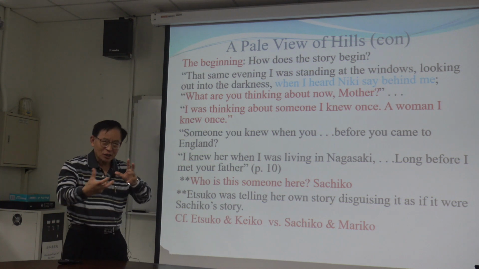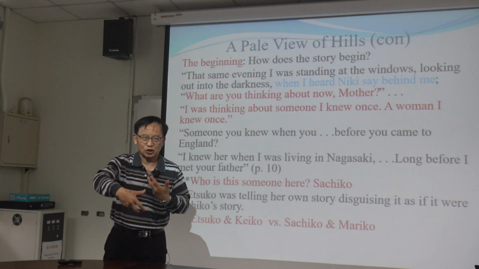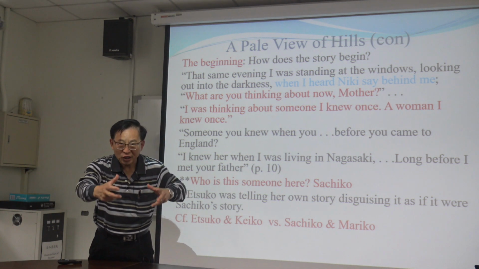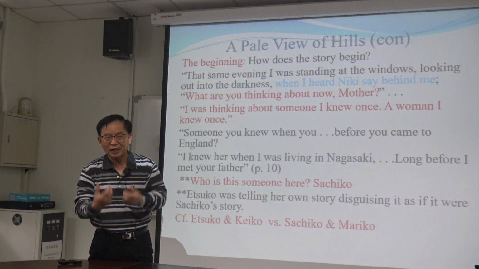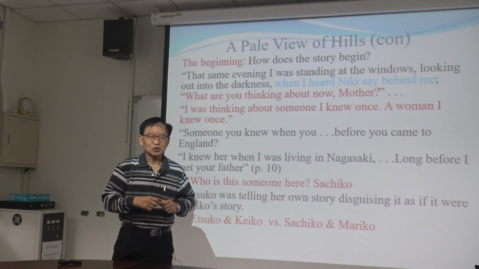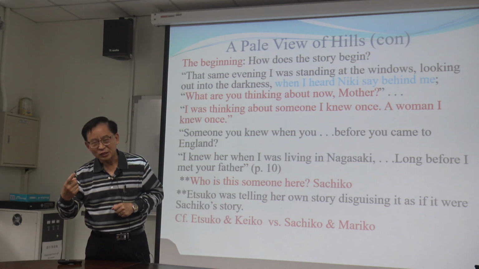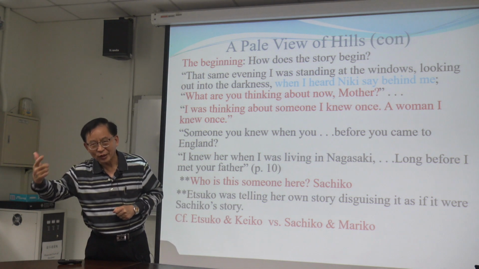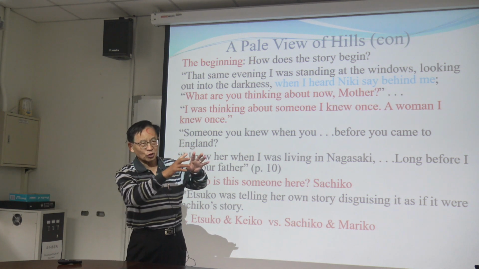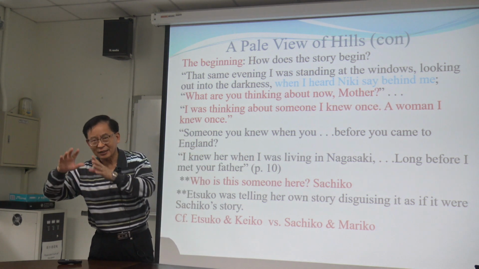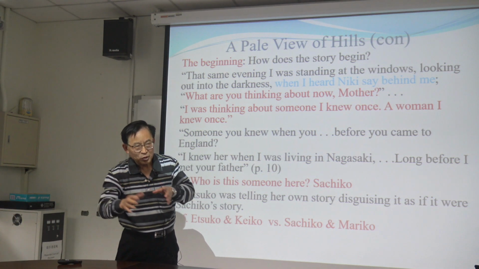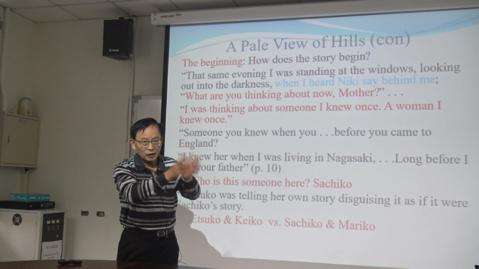In other words, by using these kinds of strategies, Ezuko, instead of saying, "I'm telling my own story," she will tell Nikki, "Nikki, your question reminds me of a woman I happened to know when I was living in Nagasaki, before I met your father, the English gentleman."